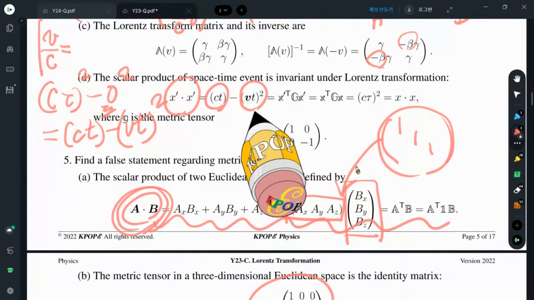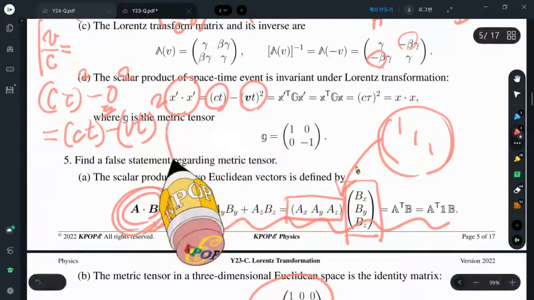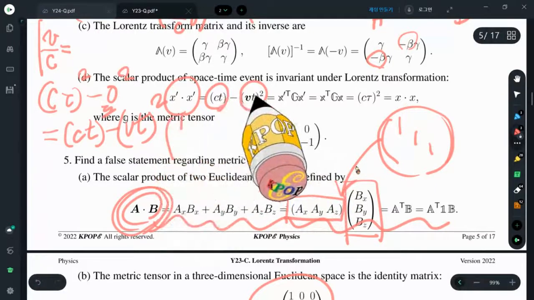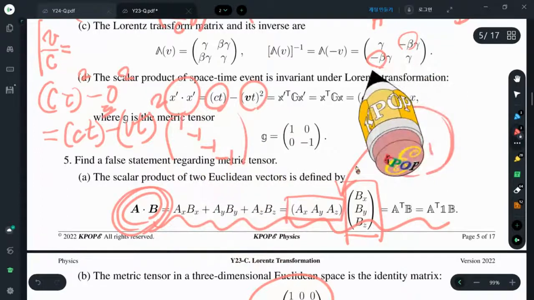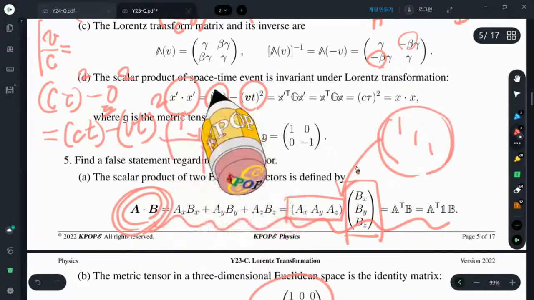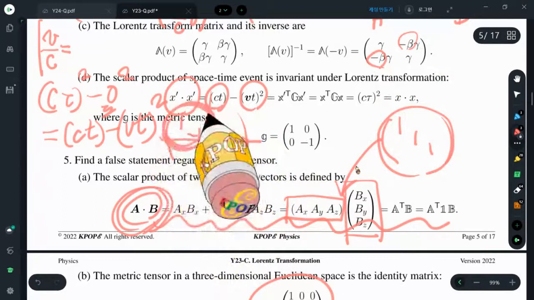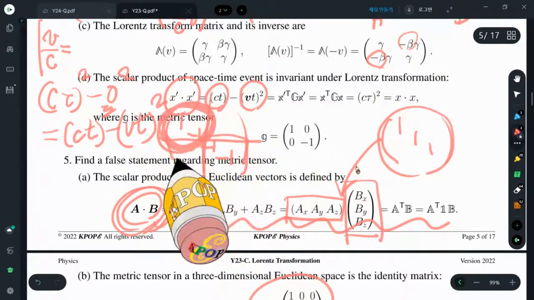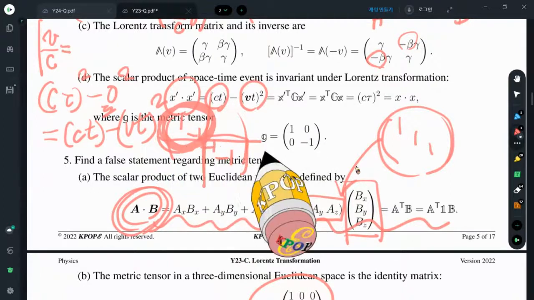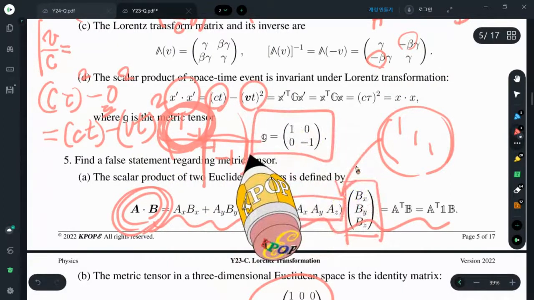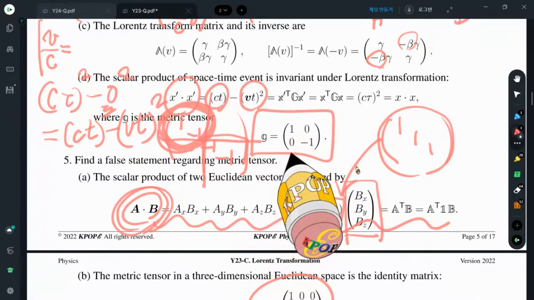What can I do? In 4 dimensions, the time component is 1 and the spatial component is -1. But right now, we forget about the transverse component, and we are focused on the time and x component only. In that case, the metric tensor is like that.